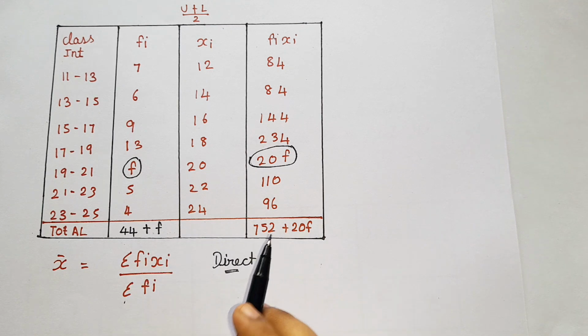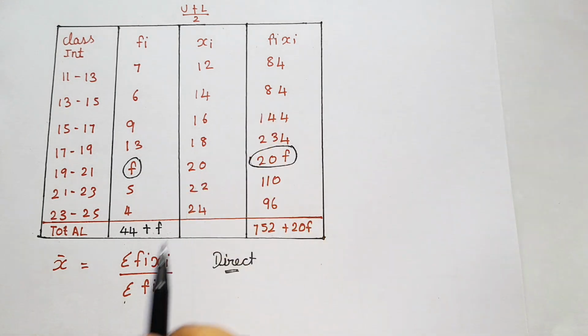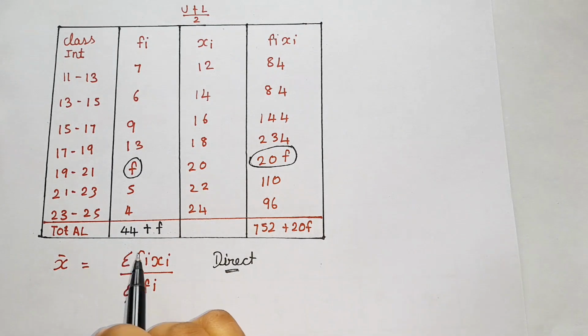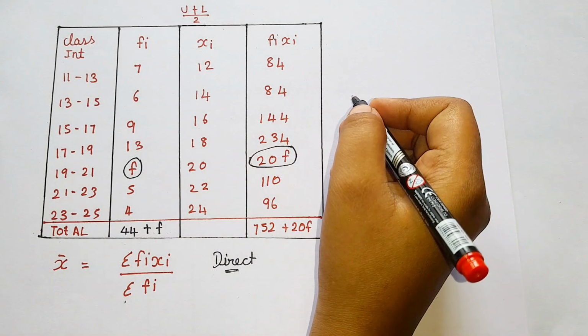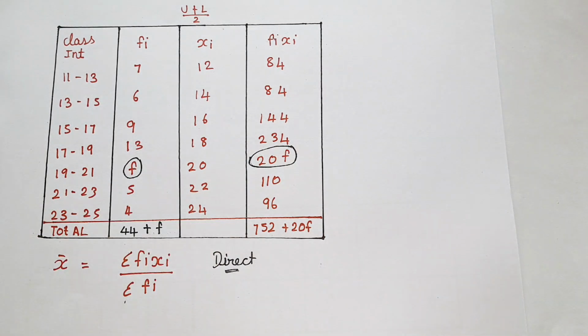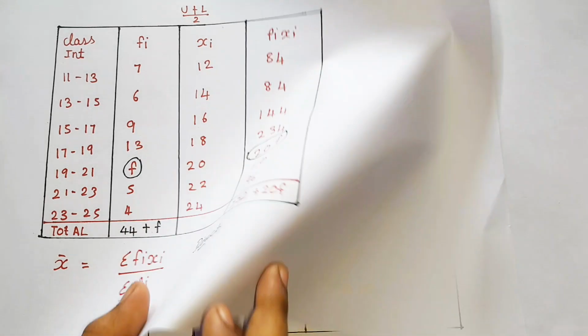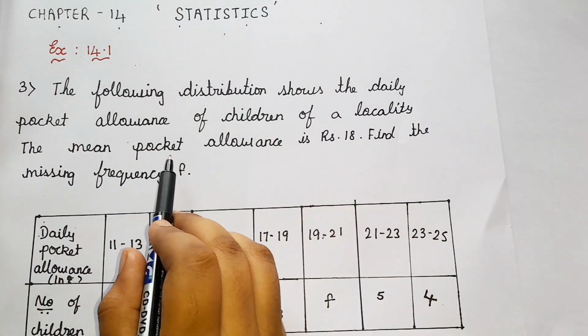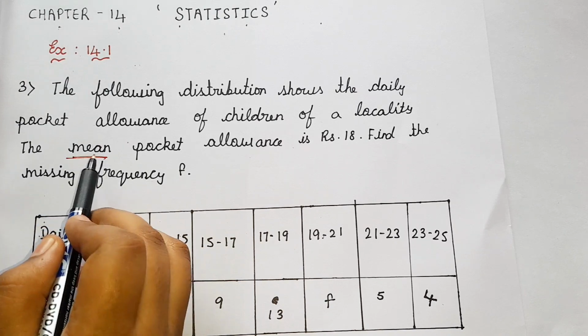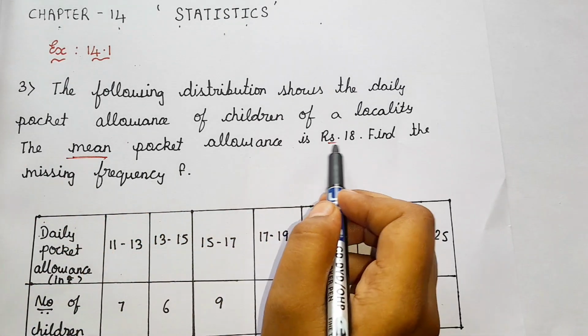Now we have the total for Fi Xi, and we know the frequency, that is 44 plus F, so we can substitute it here. Here we have X bar. What is the meaning of X bar? X bar means the mean. They already mentioned that the mean pocket money is rupees 18.